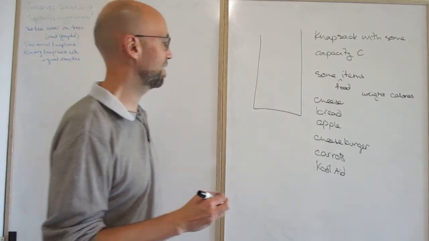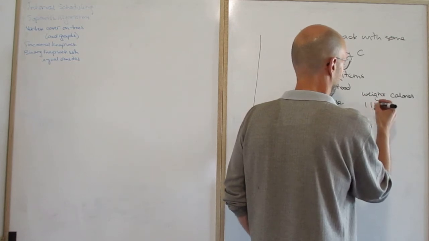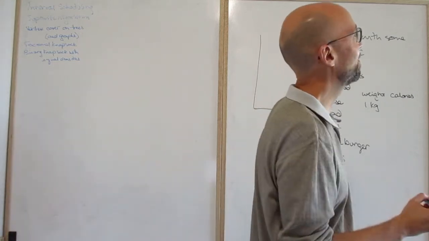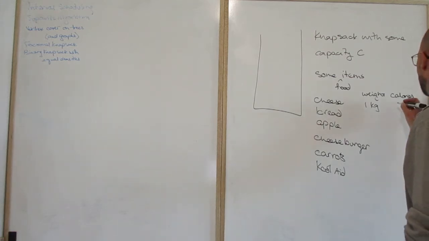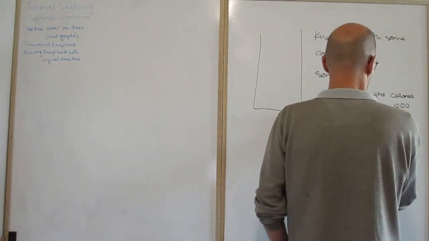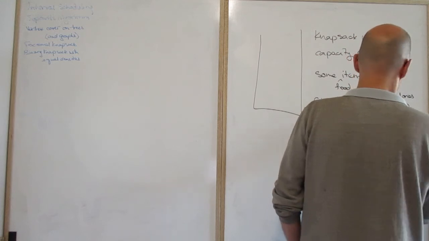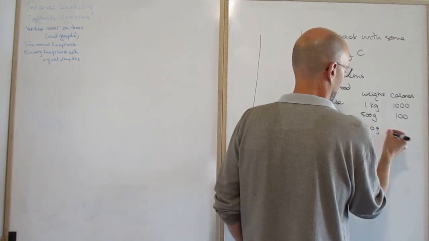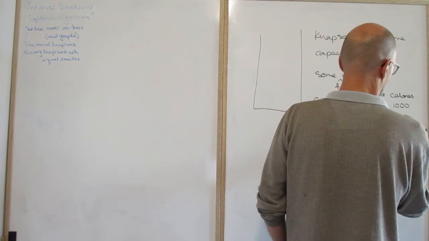Let's say the cheese, you have 1 kilo of cheese, and I have no idea how many calories that has, probably a lot, so let's say it's 1,000 calories. Let's say you have 500 grams of bread, but this only has 100 calories. You have an apple, maybe 100 grams, a big apple, and it has 50 calories.